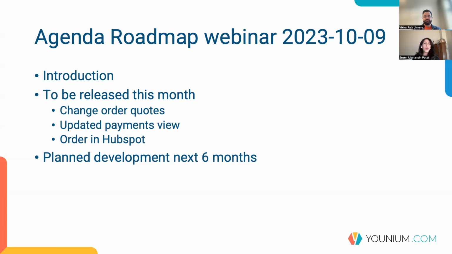If you are already using our HubSpot integration, we will tell you about the good stuff that is already up and running. And then the most exciting part: what is on the horizon for Younium in the next 6 months. We will finish with a recap, and we will try to collect your questions after the webinar and answer them as soon as possible.